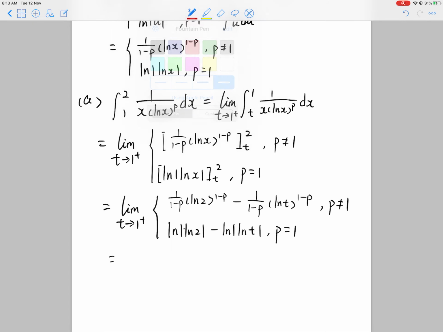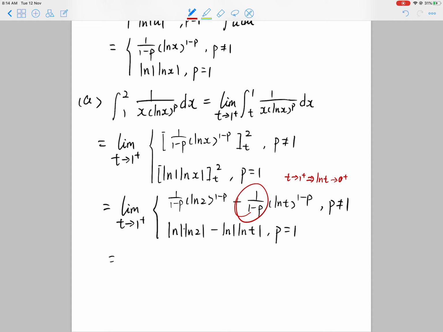And for the first part, as you can see, when t is approaching 1 from the positive side, your log t is approaching 0 from the positive side. Okay, but you only know p is not 1. You don't know if this 1 minus p is positive or negative, right? So this part we don't care because it's a fixed value.